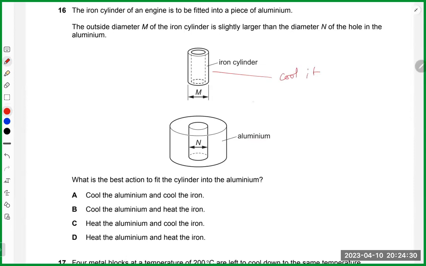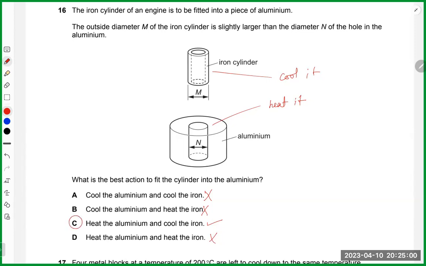By heating, the hole will expand. By cooling, the iron cylinder will shrink. Cool the aluminum and cool the iron? No. Cool the aluminum and heat the iron? Nope. Heat the aluminum and cool the iron? That can be right. Heat the aluminum and heat the iron? That is wrong. So C.